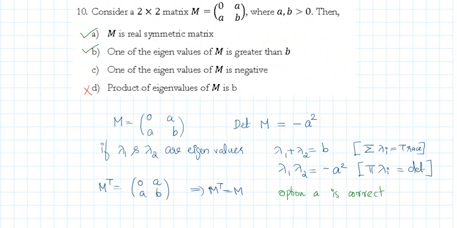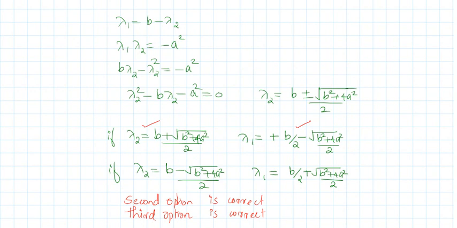One of the eigenvalues of M is negative. What about that option? In these two, you can see that there are two terms. One is B by 2, the other one is square root of B square plus 4A square by 2. Comparing these two terms, the second term is the larger one. One eigenvalue is the sum of two terms, and the other is the difference of two terms.